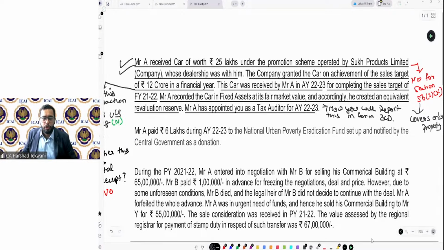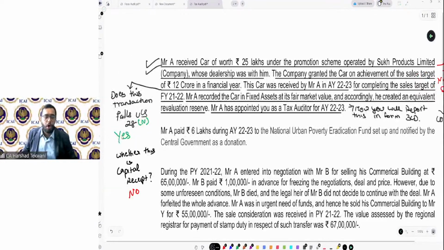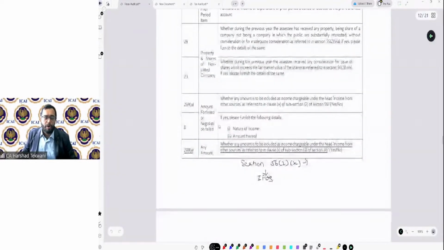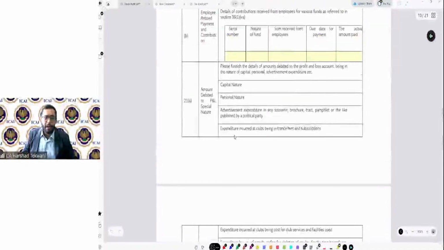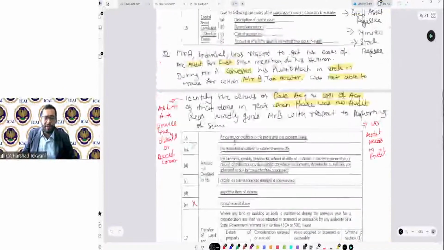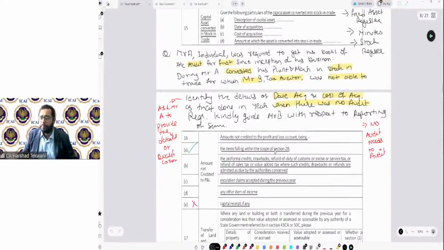Clear? So this transaction will only be reported under clause 16A, that is, amount not credited to profit and loss account, being an item falling under section 28. Clear?